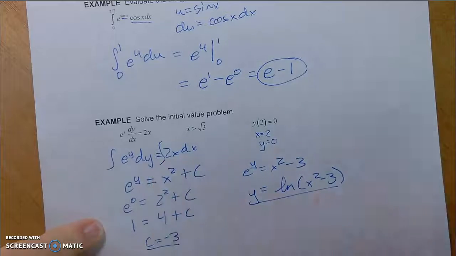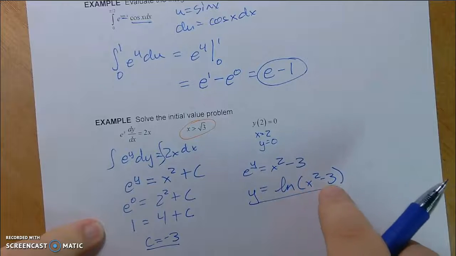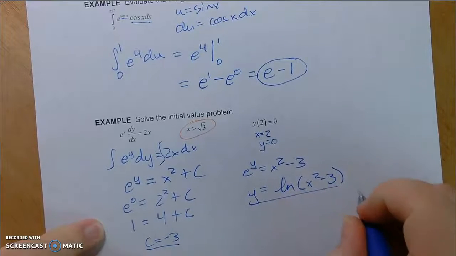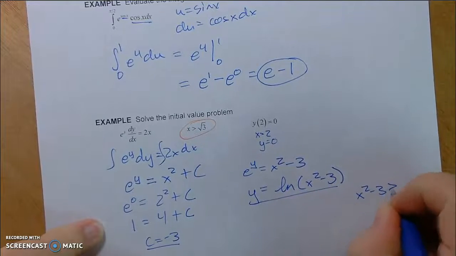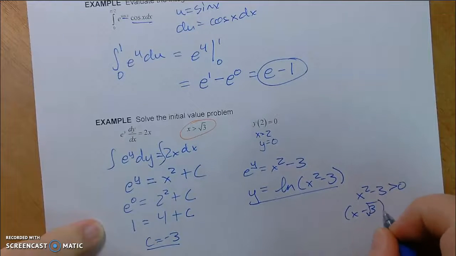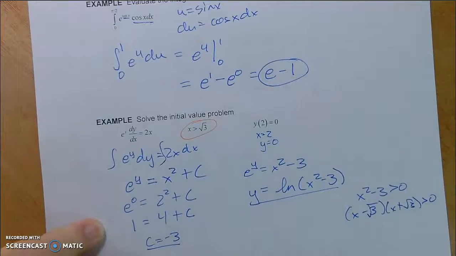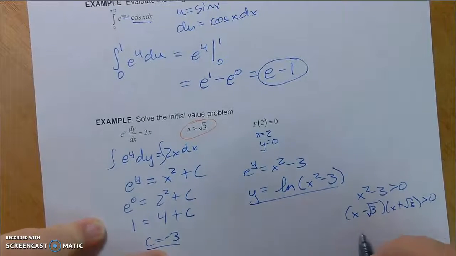Now, some people might be asking, what does this have to do with anything? Well, remember, this has to be positive. So x squared minus 3 has to be positive. So x minus square root of 3 and x plus square root of 3 have to be positive.